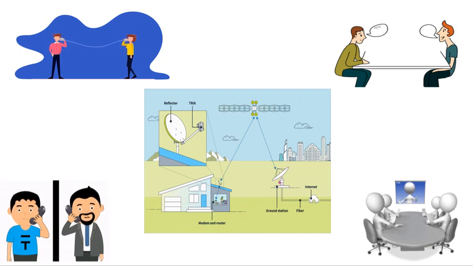In fact, using gadgets, we are sending and receiving information every day, like talking on a smartphone, sending an email to someone, and even watching television are examples of different communication systems.